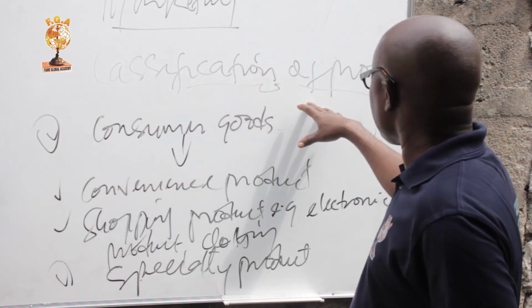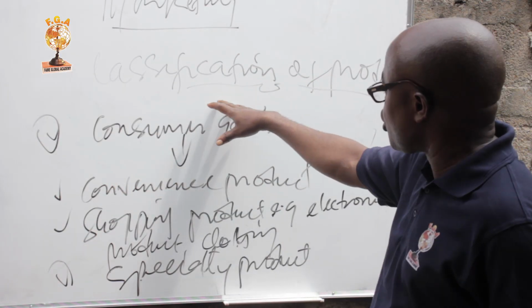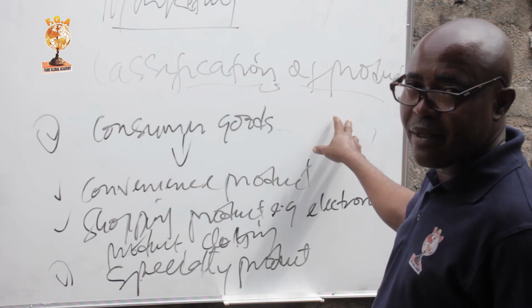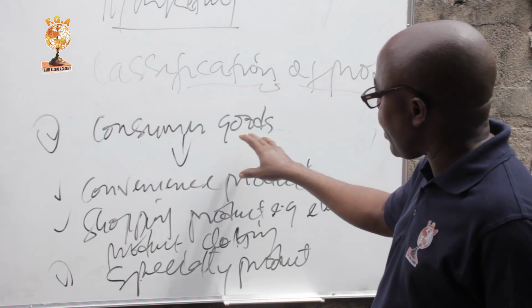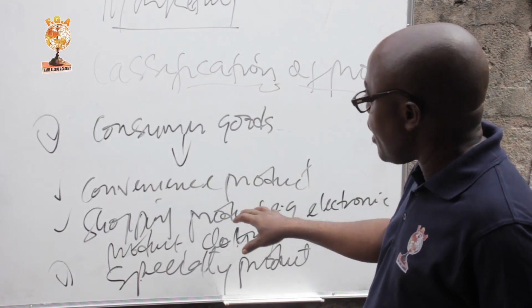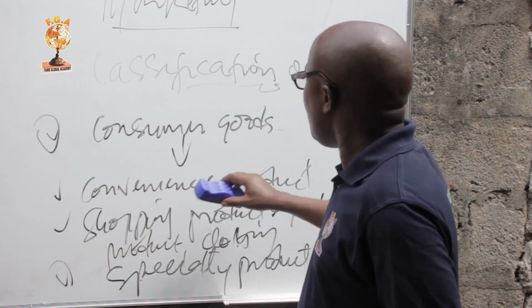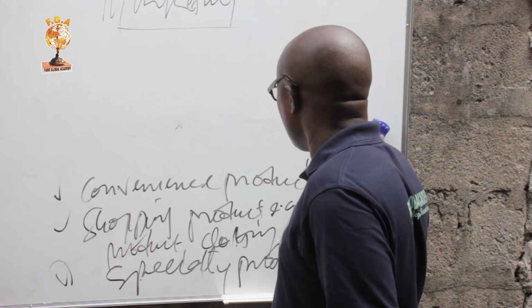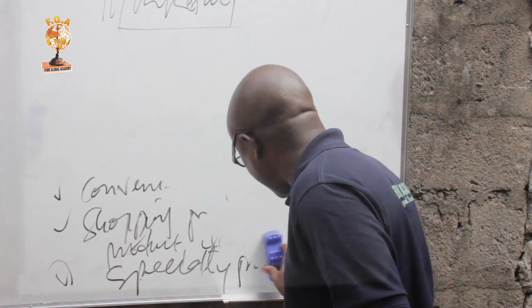Now, having talked about products and the classification of products, we have seen different classes, and the last one we talked about here was consumer goods. Now, outside of this one, we'll look at the reasons why most of these products fail in the market.